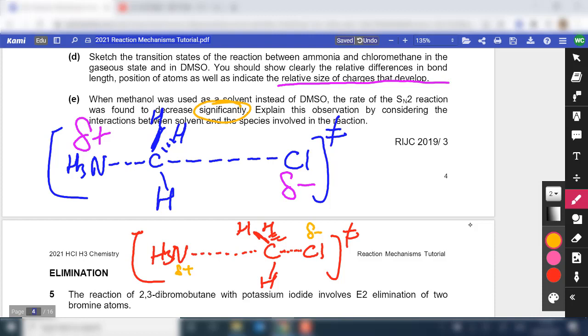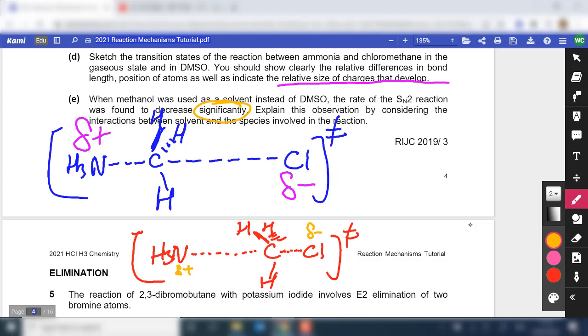When it forms significant hydrogen bonds with the lone pair of electrons on N, it decreases its nucleophilicity. Or you can say it stabilizes the nucleophile, so if the stabilization of the nucleophile is much greater than the stabilization of the transition state, you are going to expect the activation barrier to be way higher.